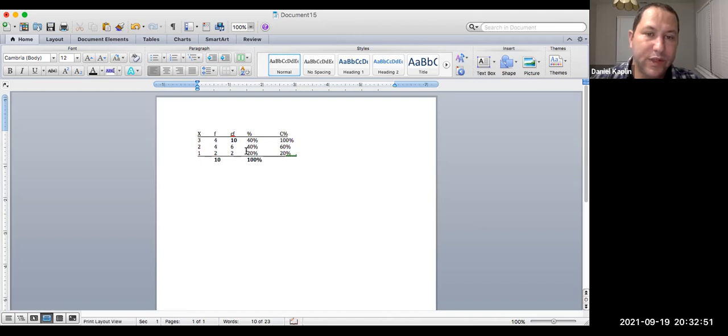And similar to the bottom of the F column, the bottom of the percent column should match the top of C percent. So indeed, our 100% right here adds up to our 100% at the top there.